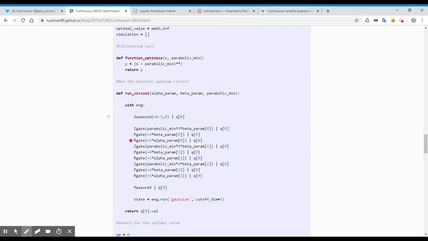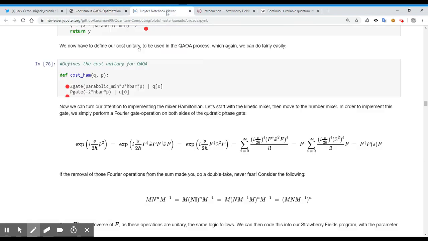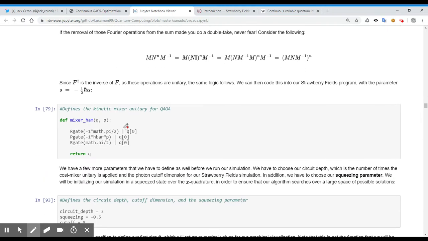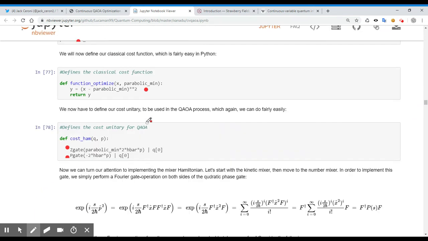Because the R gates, this is the mixer, exactly. Here you've got the R gate. So here the mixer layer is an R gate, a P gate, and an R gate again. So this is a bit more developed. Okay.